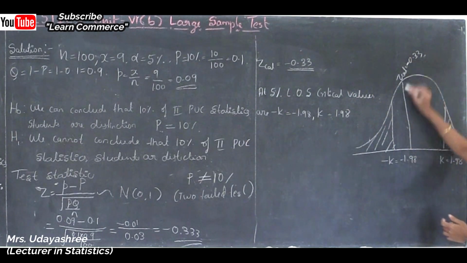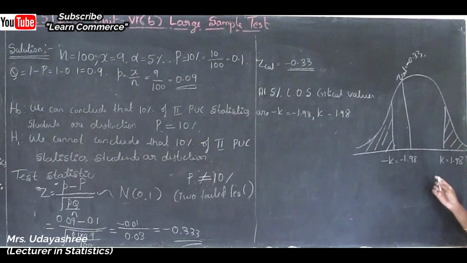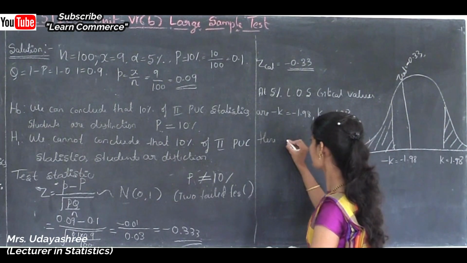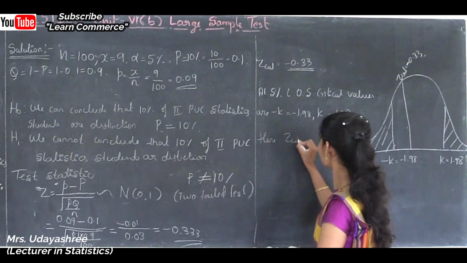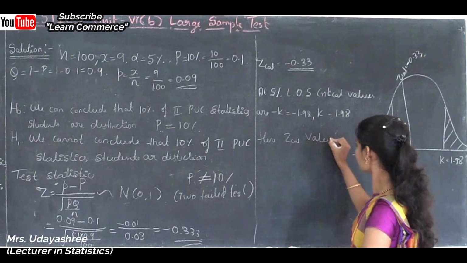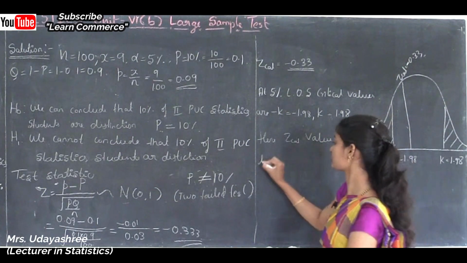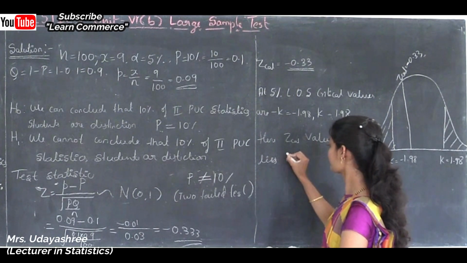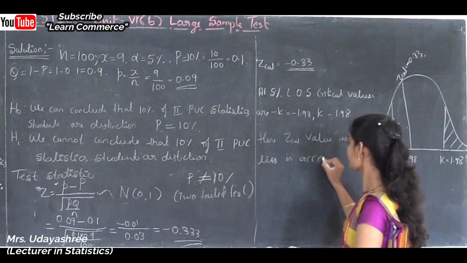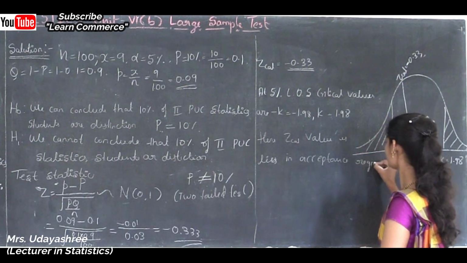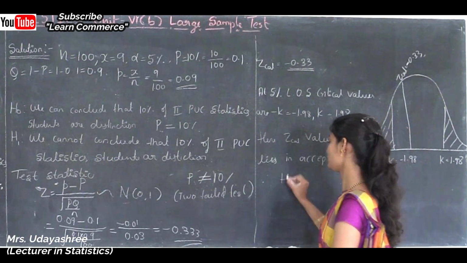This calculated value lies in acceptance region. Therefore, H not accepted.